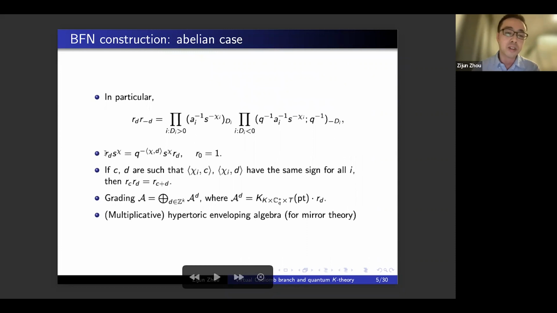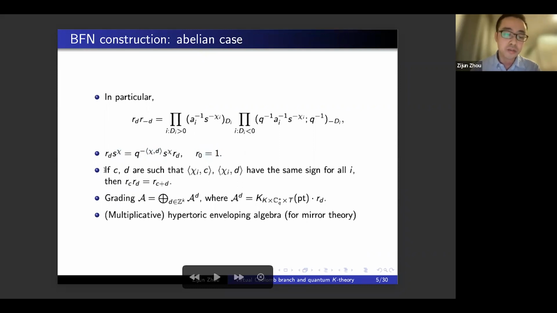So one property of these generators is that if you commute this R sub D and chi, then a power of Q comes up. And this exponent is a pairing between this character and co-character. And R sub 0 is just the identity.